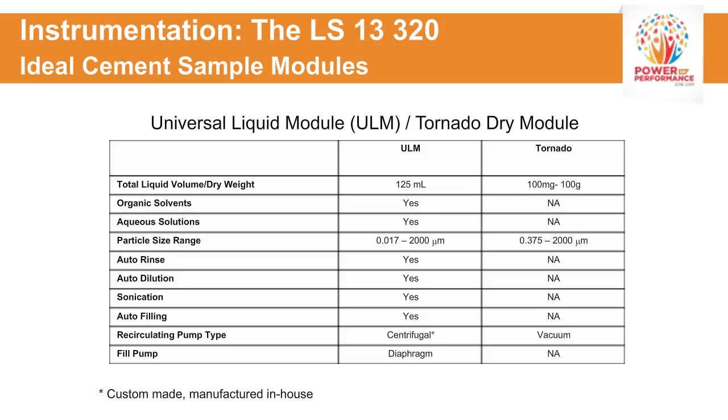And no matter which bench you have, the size range running dry is going to be 0.375 microns to 2,000 microns. And it uses vacuum only. We use like a vacuum cleaner, a high-quality vacuum cleaner we offer that's well-grounded, so you don't have any static forces or anything like that. And I'll get into its unique design, why it's called Tornado, in a moment.